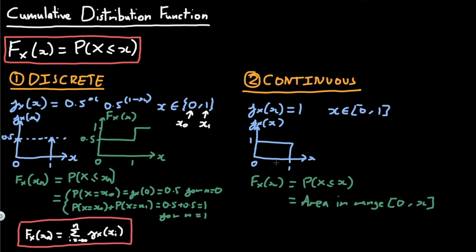So in this case, for example, say I picked a half and I wanted to get the probability that you pick some number less than a half. So you could pick 0.1, 0.2, 0.15, 0.49999.